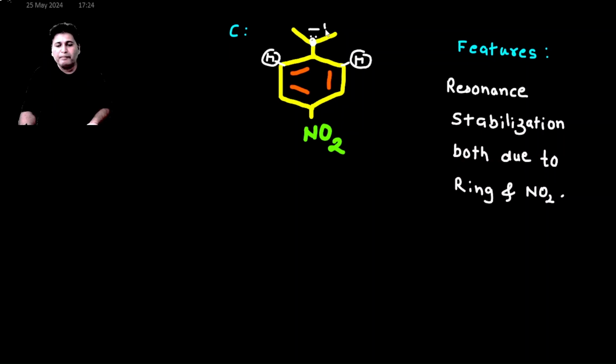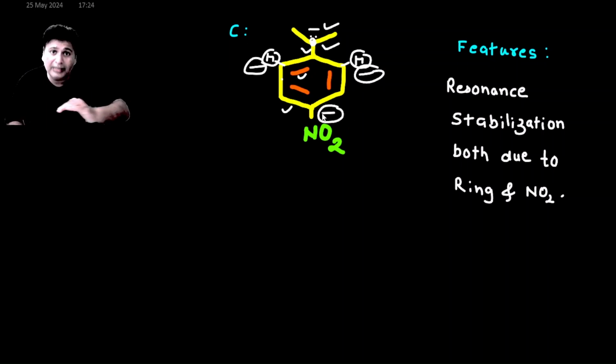So this p orbital which is on the carbanion remains easily parallel to the pi system of the benzene ring, and there is a delocalization: minus, single, double. So minus will come here, again minus, single, double. So minus will come here, minus will come here, and minus will come here. So it's a good delocalization of minus charge that will take place. Okay, this is one thing.